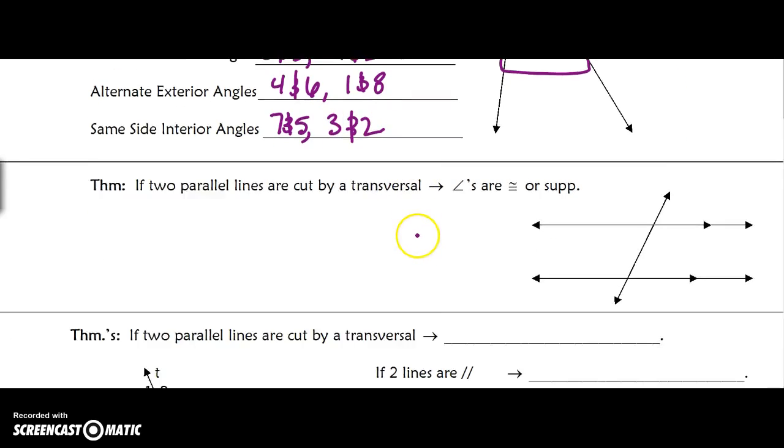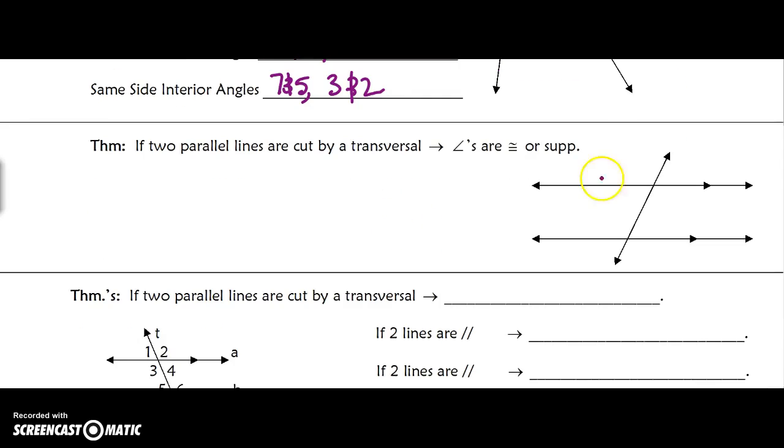So today we're going to look now and see that your two lines that are being crossed over by the transversal are parallel. And so what happens is that every single angle that is formed by that transversal is going to be supplementary or congruent. And how we figure that out is we play a little quick game of tic-tac-toe.